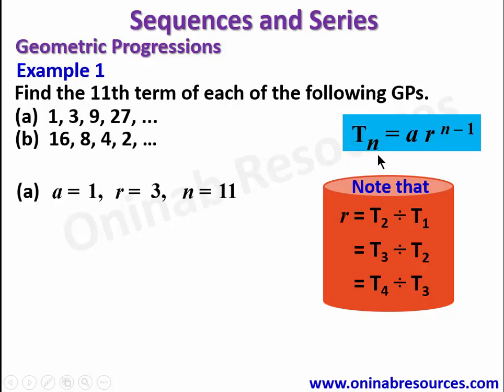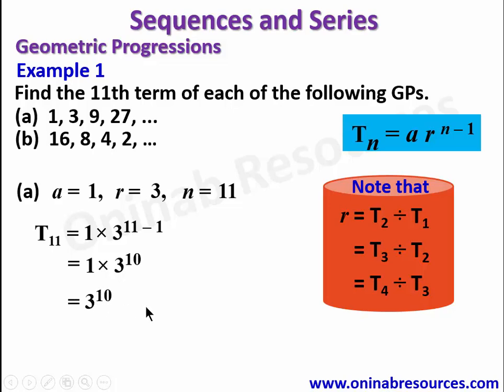What we are looking for in this problem is T11. So we have our T11 equal to a, our a is 1, times r, our r is 3, then raised to power 11 minus 1. And that will give us 1 times 3 raised to power 10, since 11 minus 1 gives 10, and 1 times 3 raised to power 10 gives 3 raised to power 10.